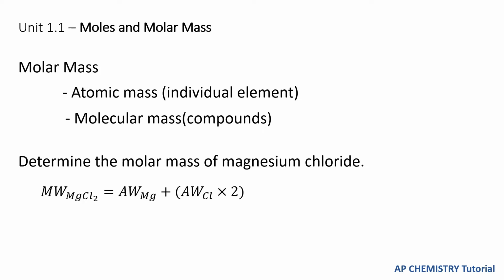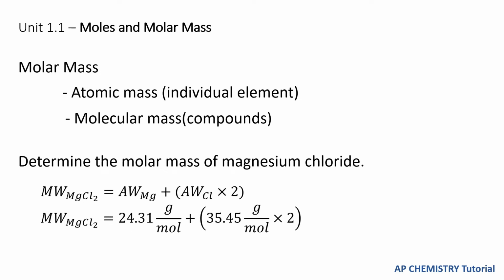Since the chemical formula is MgCl2, meaning 1 particle of magnesium and 2 particles of chlorine, it is the atomic mass of magnesium plus twice the atomic mass of chlorine.